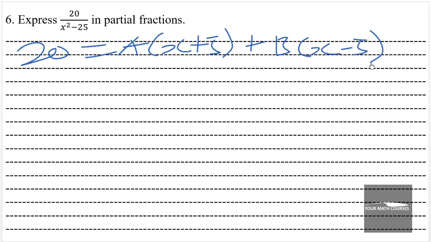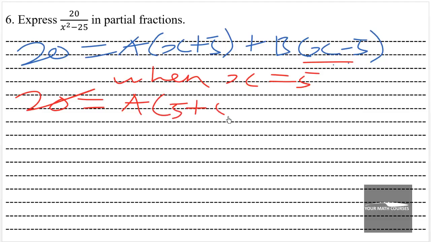So when x is equal to 5, we are using this linear factor here, we are doing the cover-up rule. 20 will be equal to a into bracket 5 plus 5 plus b into bracket 5 minus 5.